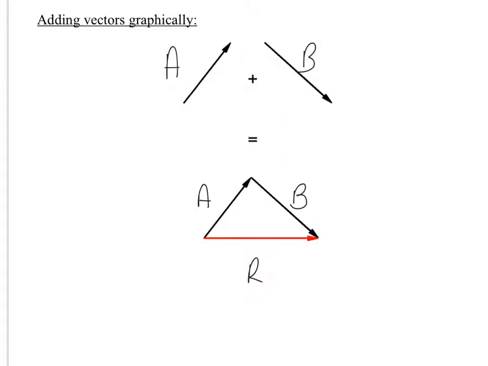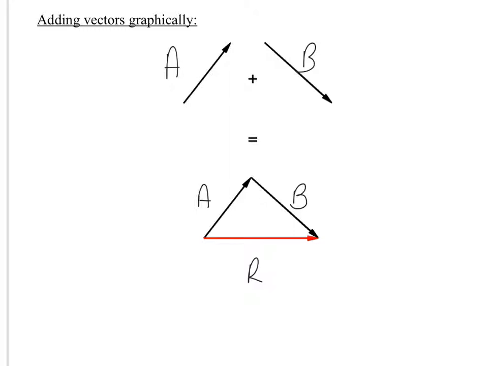And if you recall, this is similar to displacement and distance. My displacement would be vector R. Take a look at the board. My displacement, if I started here and ended here, would be vector R. My distance would be what? A plus B. The distance traveled would be vector A's magnitude plus vector B's magnitude.